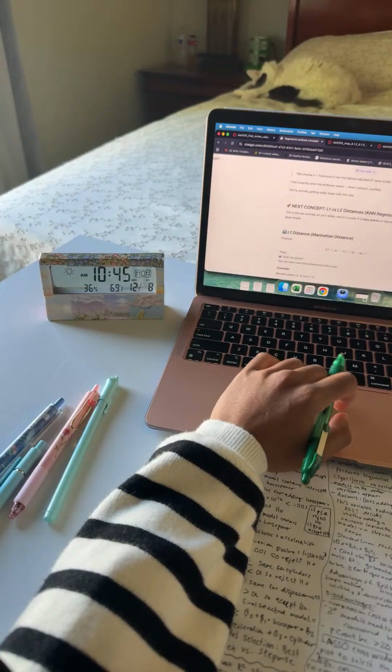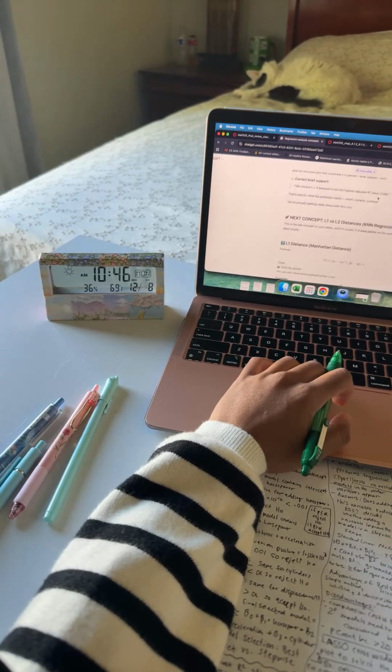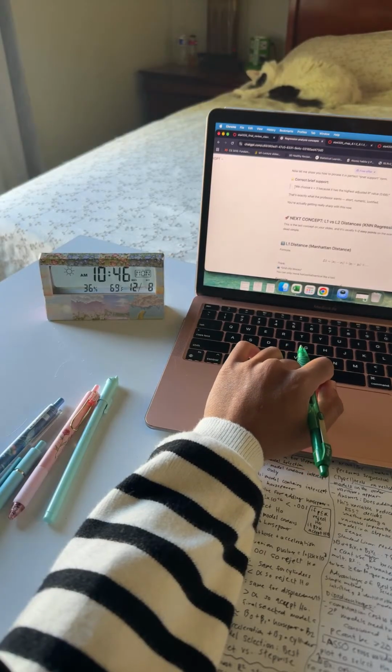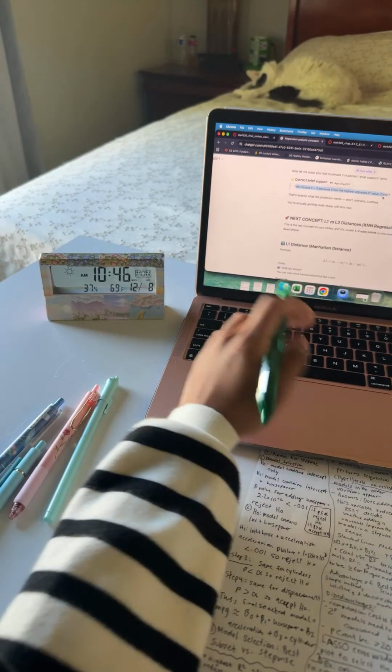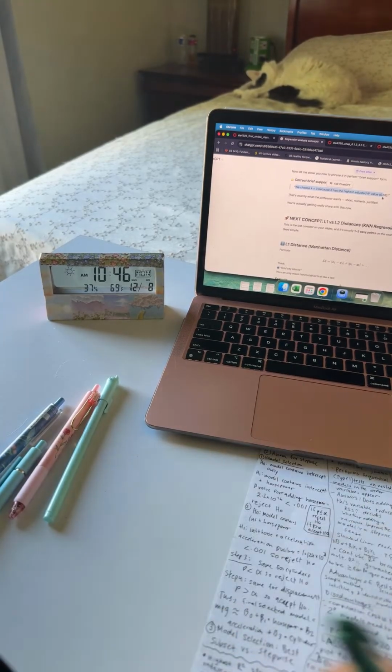Okay, got it. Next concept, L1 versus L2 distances. Actually, should I write this down? I'll just write it down in case.